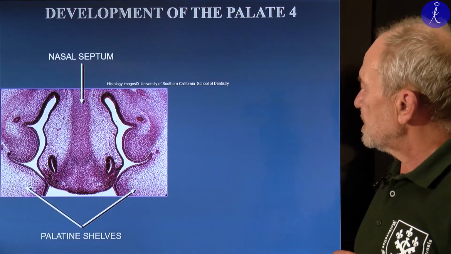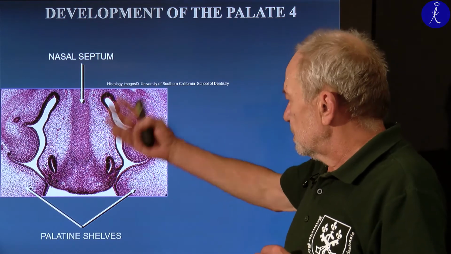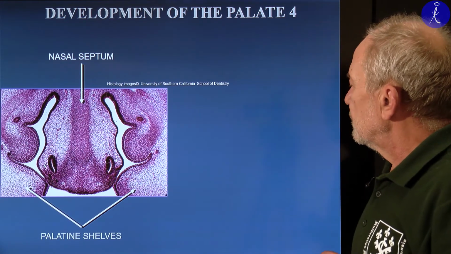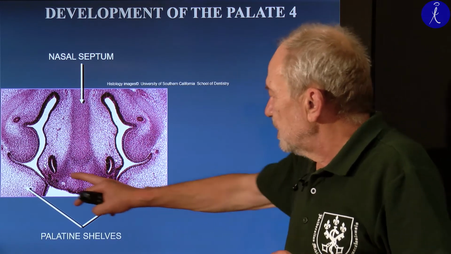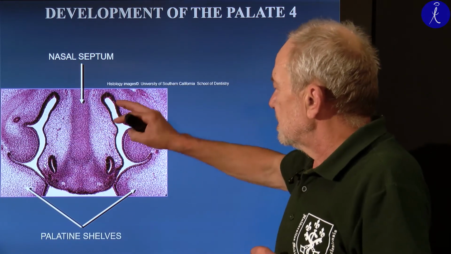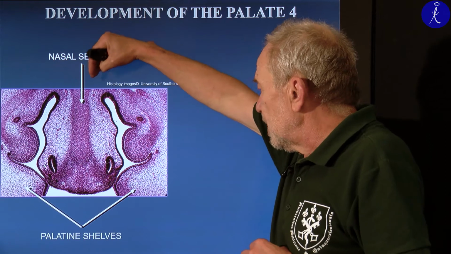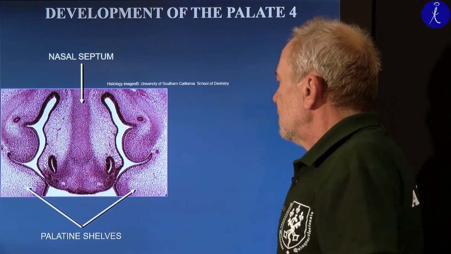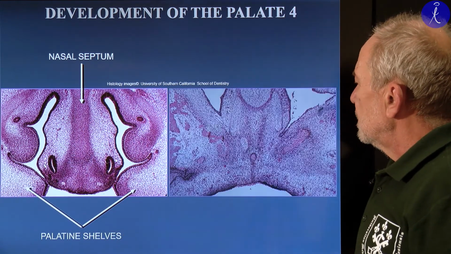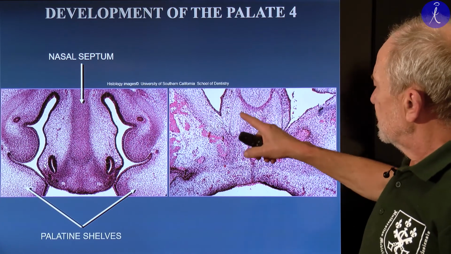This one is a stage of the development of the palate, with the two swellings, the palatine shelves and the nasal septum, the last going down and the shelves going towards each other. A little bit later, an important thing happened here.